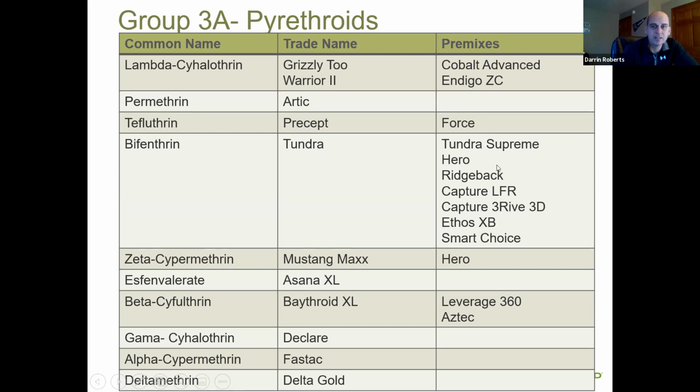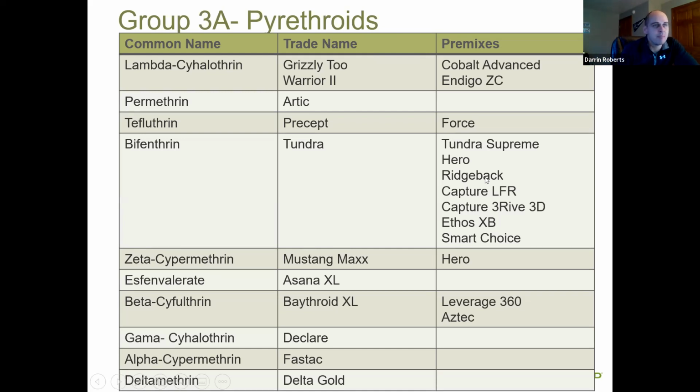Another one that's coming to market from Corteva would be Ridgeback. With that one, it's a combination of bifenthrin as well as sulfoxaflor. So they call it their isoclass technology, and so it's broad spectrum.